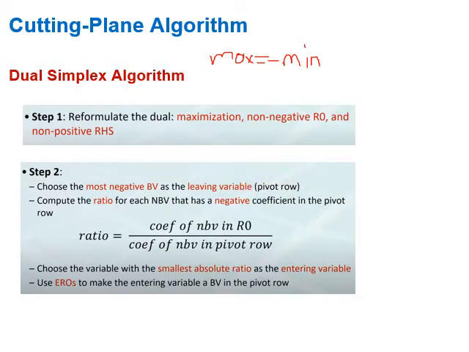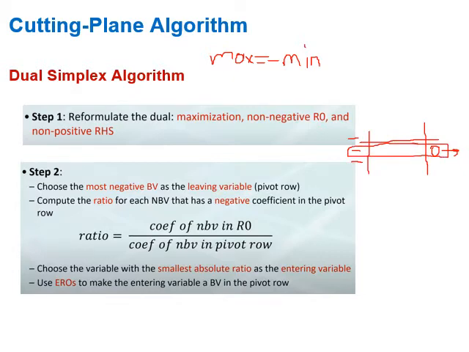Okay, so let's say this is your tableau: you have row 0 here, one constraint here, another constraint here. Then you look at the right-hand side and let's say that this right-hand side value is the most negative, so you decide this to be your leaving variable. Then this row becomes your pivot row.